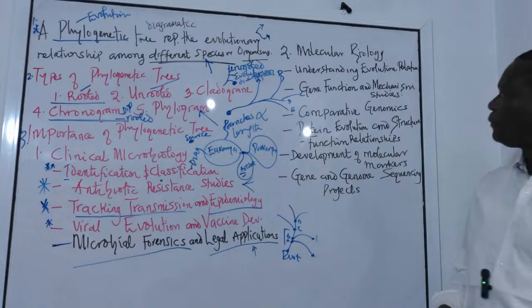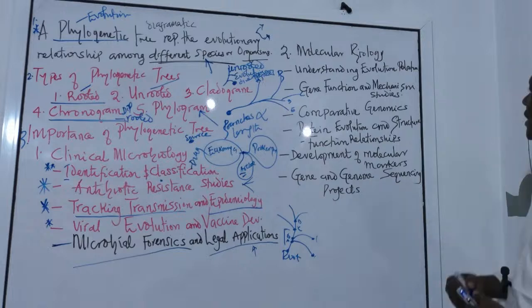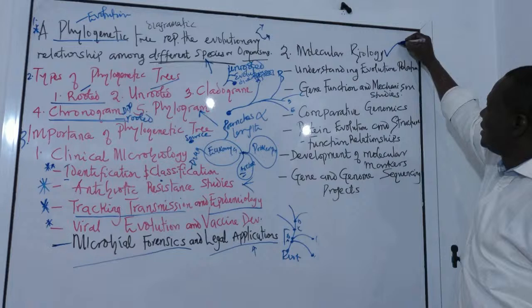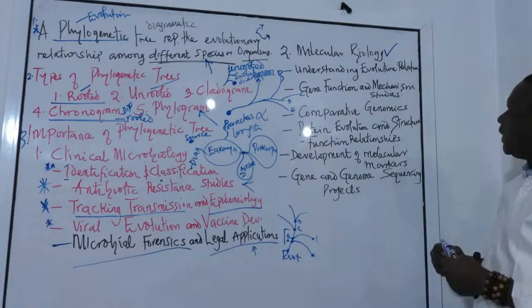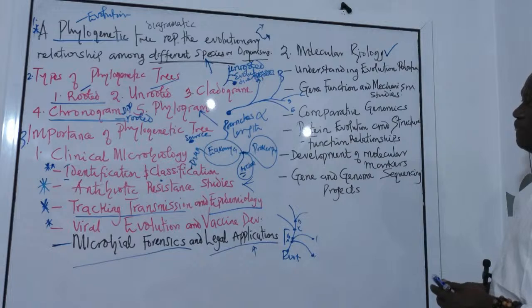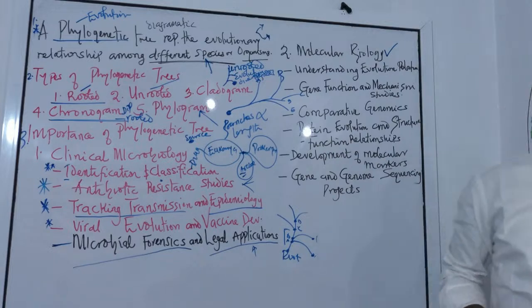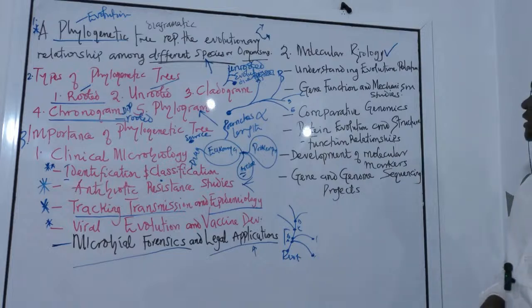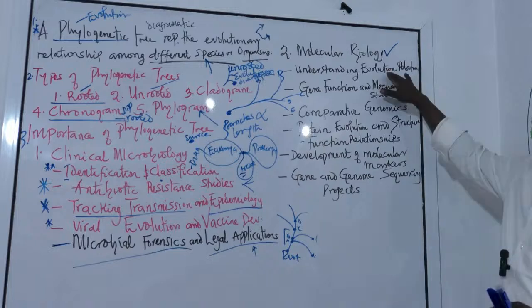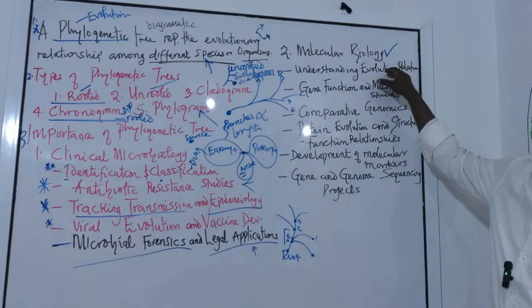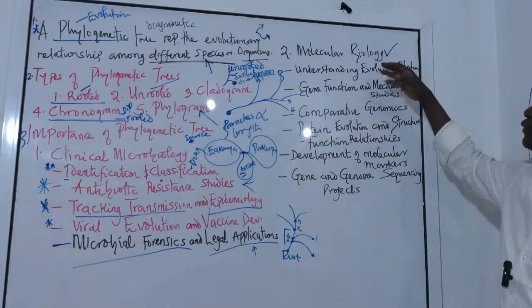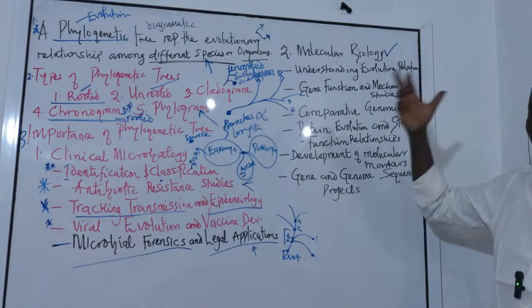Okay, so what is the importance of phylogenetic trees in molecular biology? How useful is a phylogenetic tree in molecular biology? The first thing is that it helps us understand evolutionary relatedness, something you call molecular evolution.